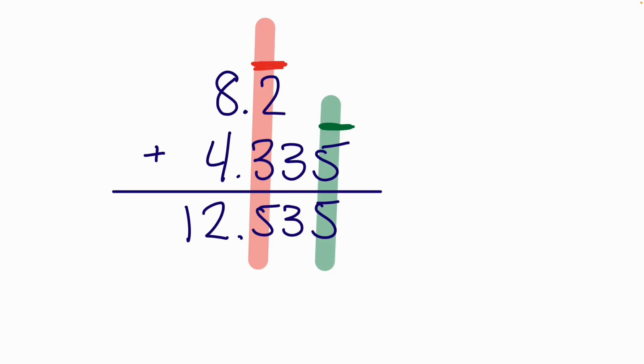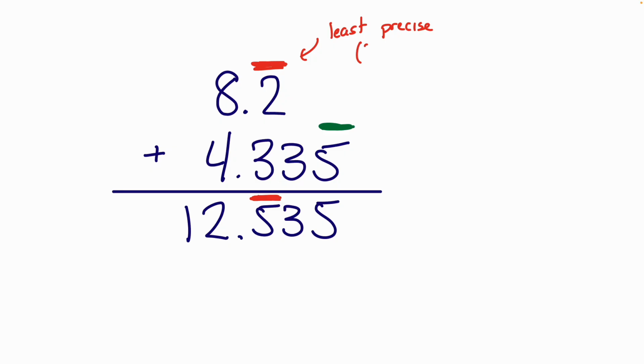The red, which means that that will be the position of the last sig fig in my answer. All right, so let's just kind of annotate. This one is the least precise because it is the furthest left. All right, so that becomes the position of the last sig fig in my answer.